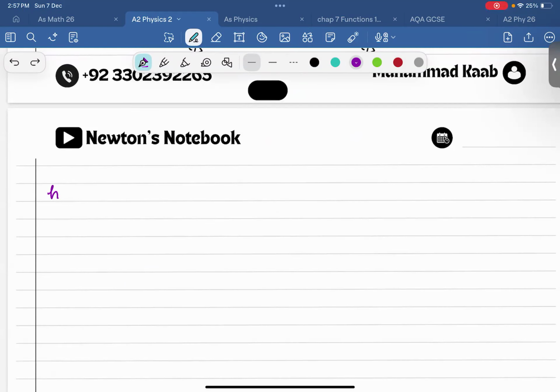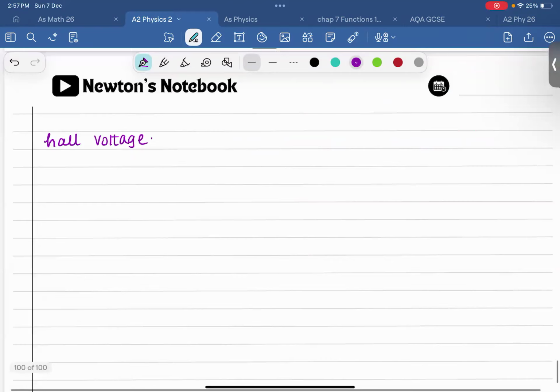So if you talk about the Hall voltage, it has a formula: V_H equals BI over NTQ.